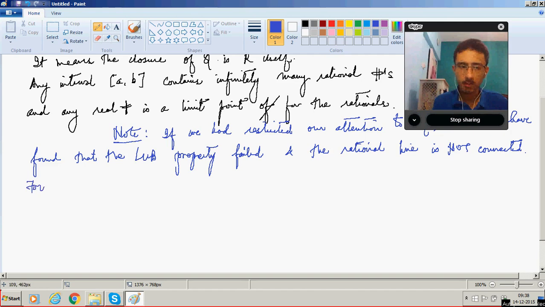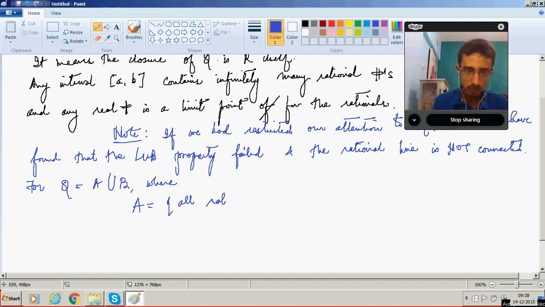For, let us say, Q equal to A union B, right? We are talking of connected sets, so we first talk of two sets, A and B. These are a little bit arbitrarily chosen, but nevertheless it is an example.